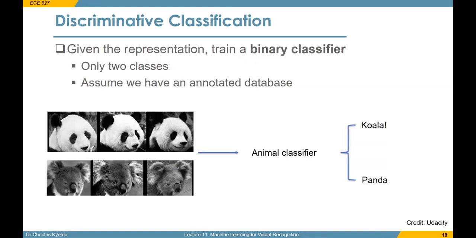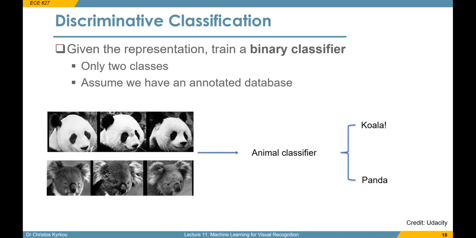So we have these representations. Now the question is how to train a binary classifier, using these features, to tell us if it's a koala or a panda in the image. And of course, we always assume here that we have some annotated database that we can learn on. Now the question shifts to the classifier.